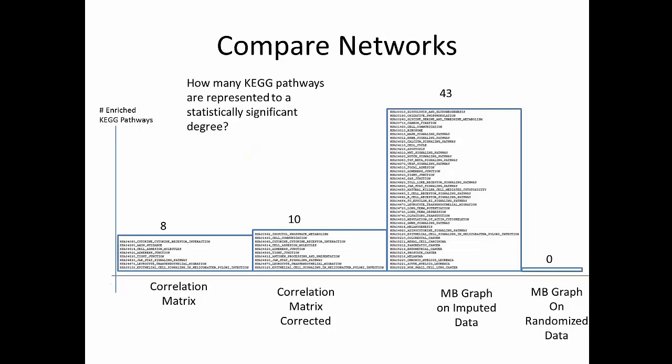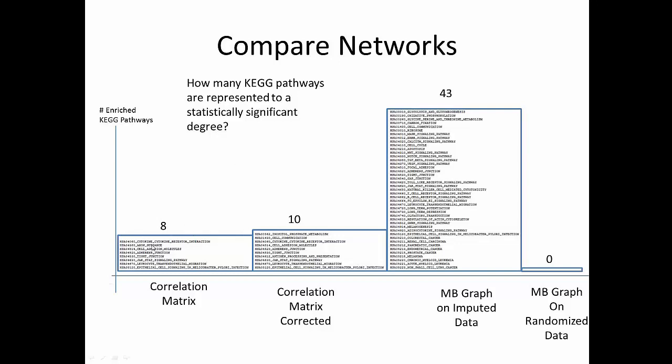One way to do that is to evaluate the degree to which prior knowledge of pathways are present in these networks. So we selected all KEGG pathways, and we count how many KEGG pathways are represented to a statistically significant degree in each of these networks.